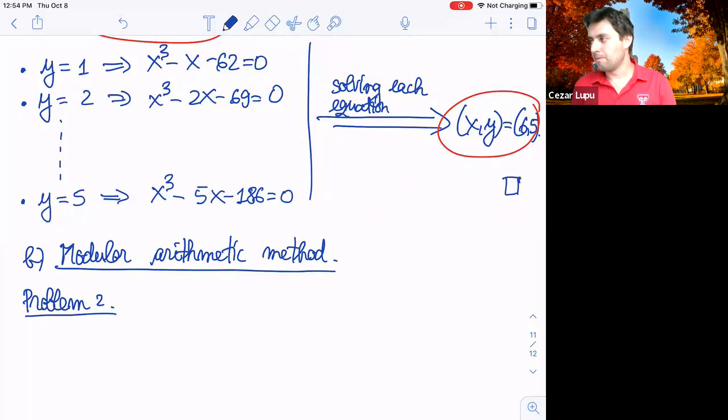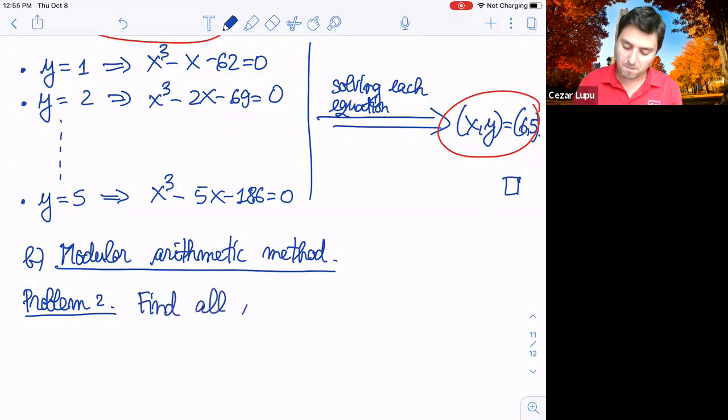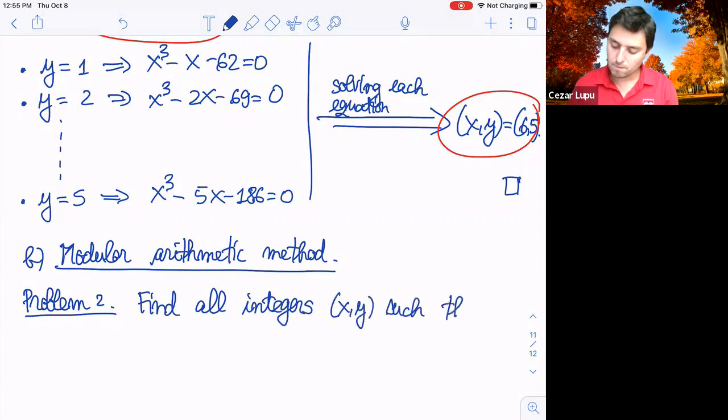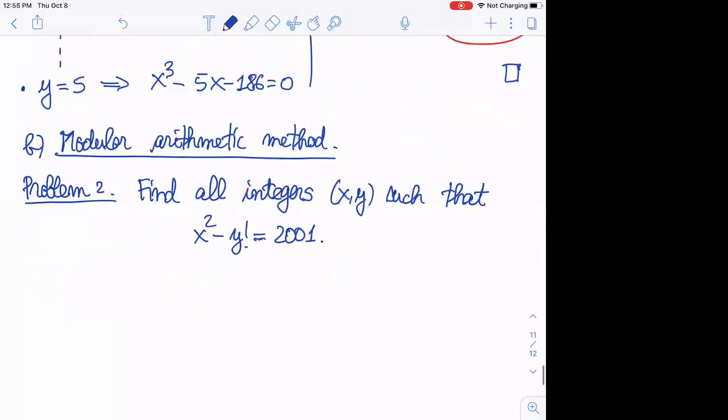Let me think. In fact, since we're talking about that problem would be from 2001, why not? So find all integers x, y such that x squared minus y factorial is 2001, let's say.